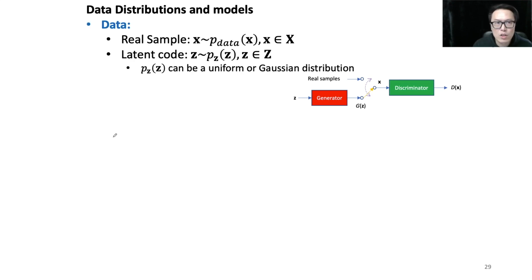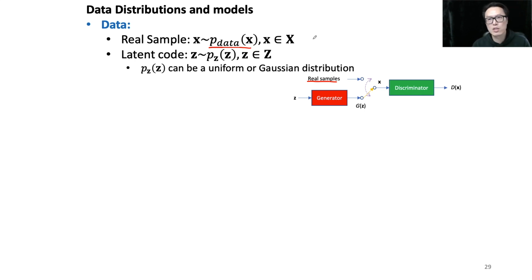Take a look at the notation or the data structure. Now we have the real sample. If we look at this structure, the real sample is going to have the density function, which we call p data.